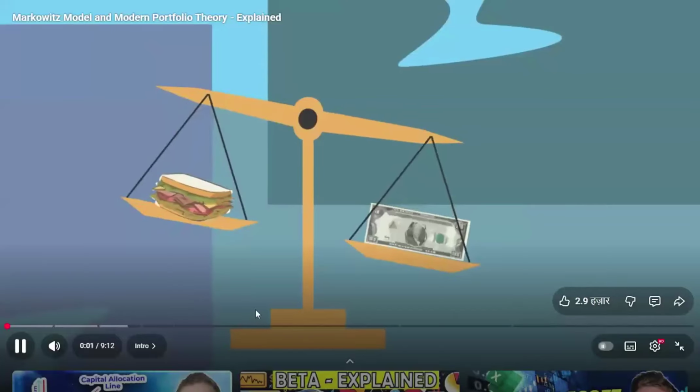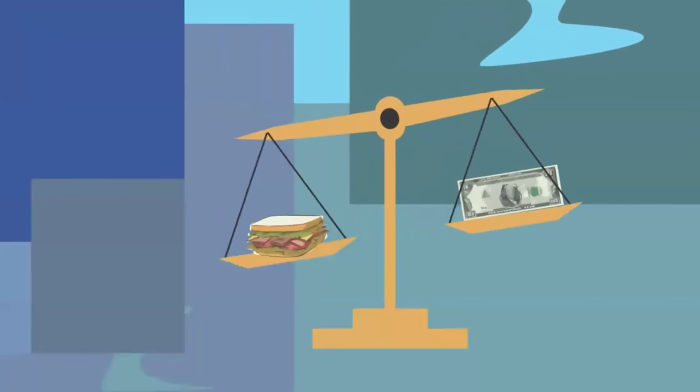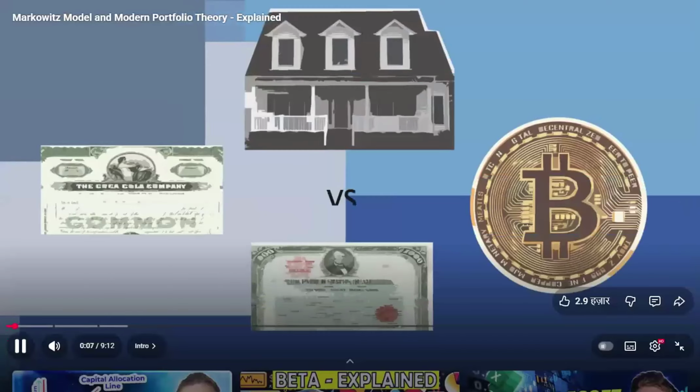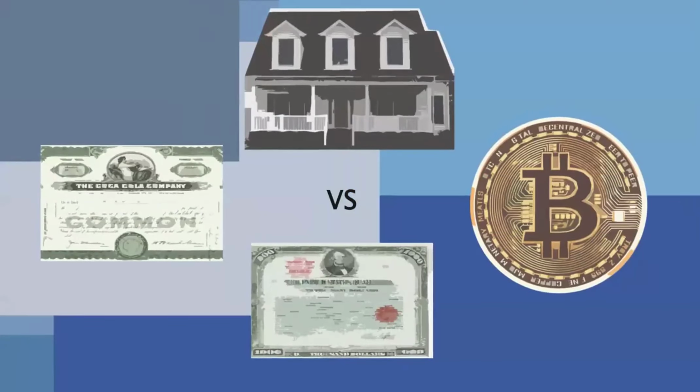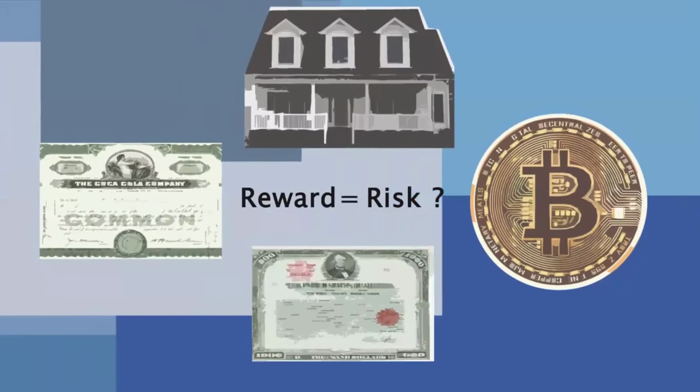There's no such thing as a free lunch, and that especially applies to the world of finance. Everything is presented as a trade-off between risk and reward. But how can we quantify how much reward we should be getting for how much risk we are taking?